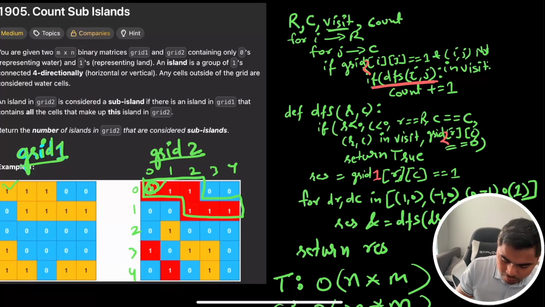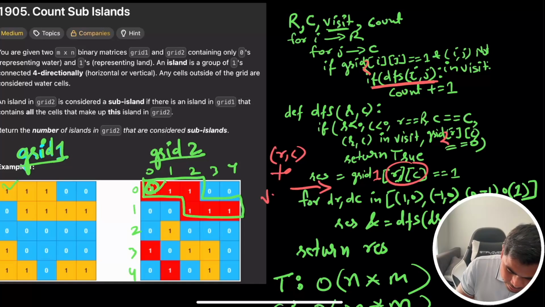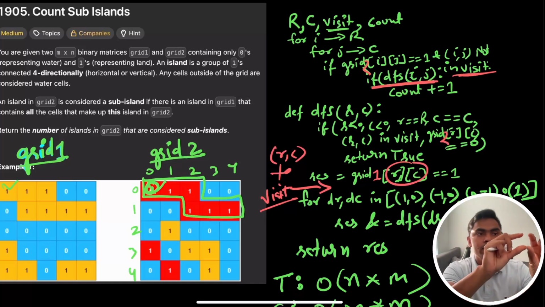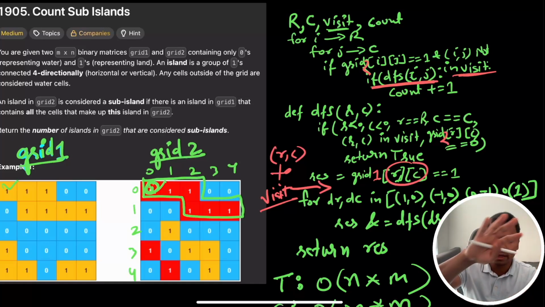Also, I forgot to add this right here: we can add this particular value r and c to the visit set, so that we are not visiting it again and again. If one of the islands has explored a lot of cells, then you want to put those cells into visit.